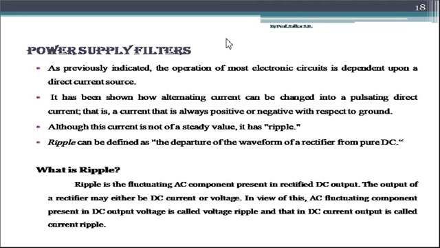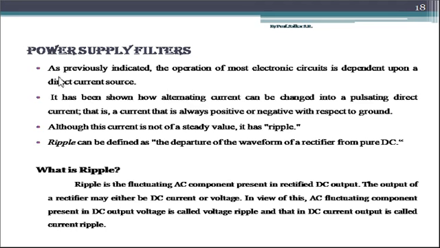The main role of filters is to remove the AC components present at the output of the rectifier. That is, whatever pulsating output we get at the output of the rectifier should be made into pure output, that is, a pure DC signal we should get at the output of the power supply. To remove the AC from the rectifier output, the filter circuits are connected immediately after it.